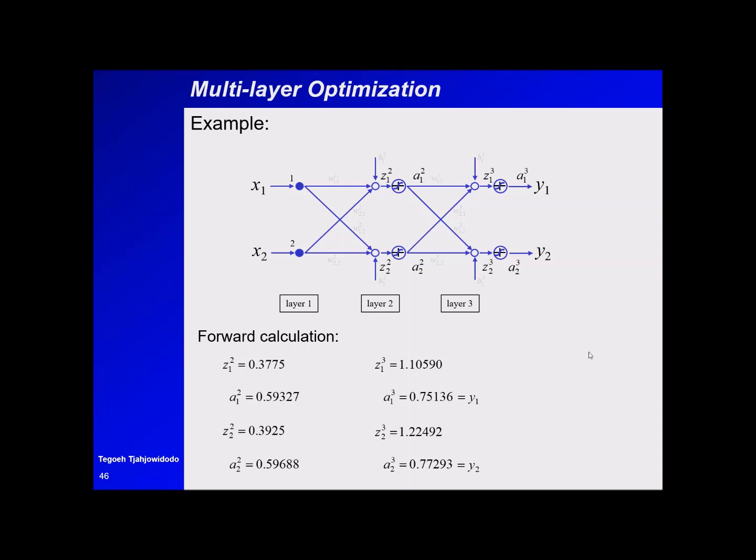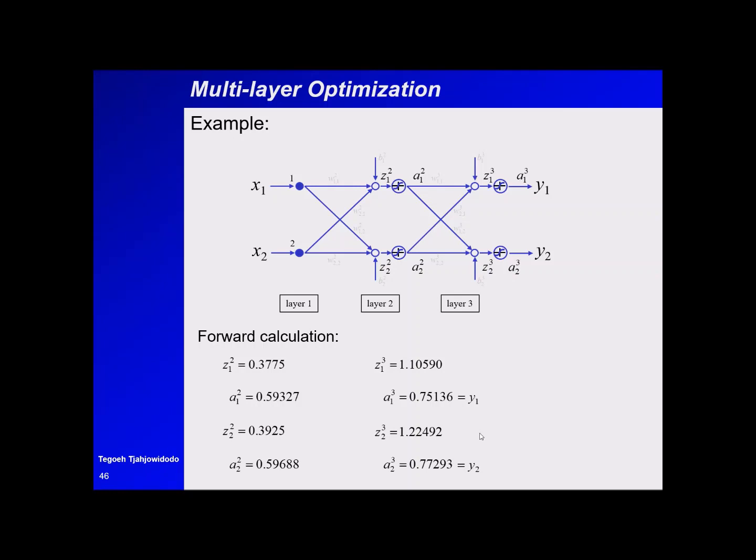If I made a mistake in calculation, it might be, but the concept is what I want to deliver here. So we have already done the forward calculation. I calculated the output of this network, Y1 and Y2. These two values are not equal to the target values. Still remember, the target values are 0.01 and 0.99. So definitely there are errors here.